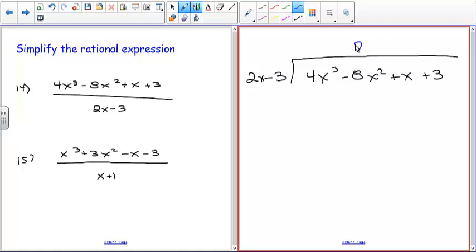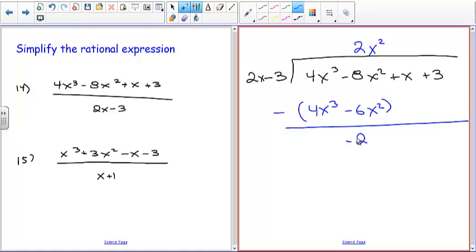So the answer is 2x squared. 2 times 2 is 4, and x has to be multiplied by x squared. So we multiply this now by those two terms, so we'll get 4x cubed, and then negative 3 times 2x squared is negative 6x squared. We're subtracting that, so that these go to 0. So you've got negative 8 plus 6, which is negative 2x squared.